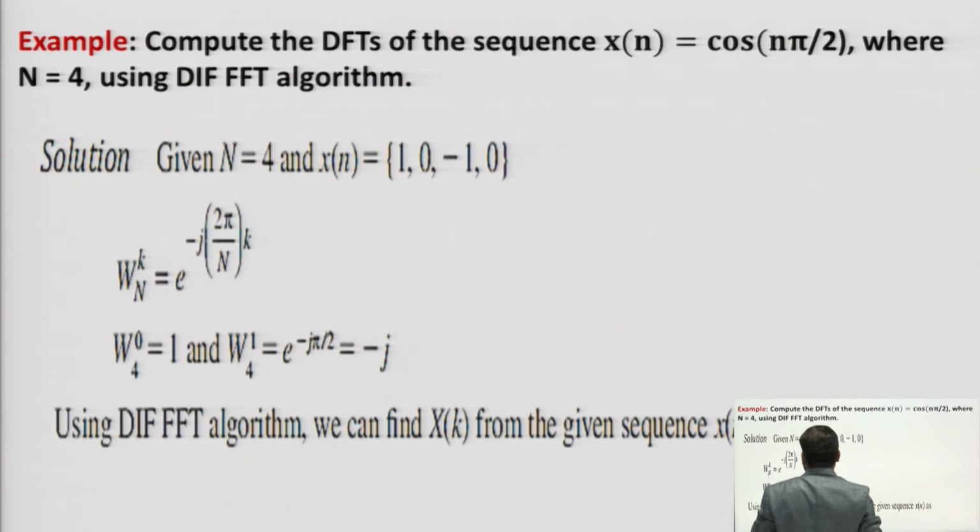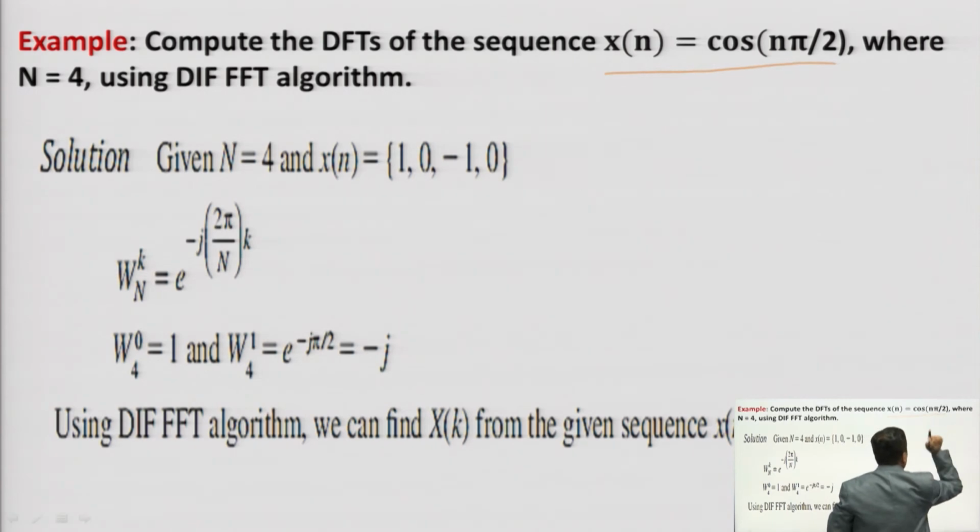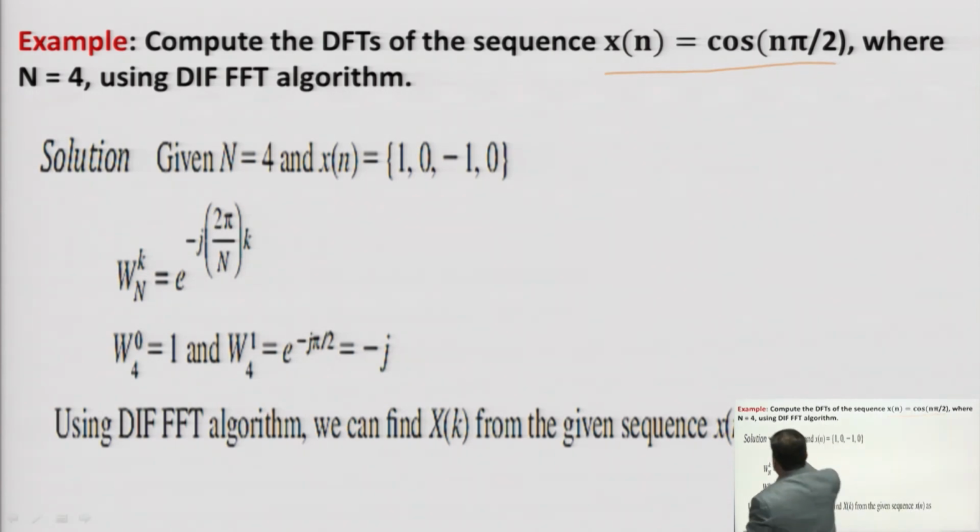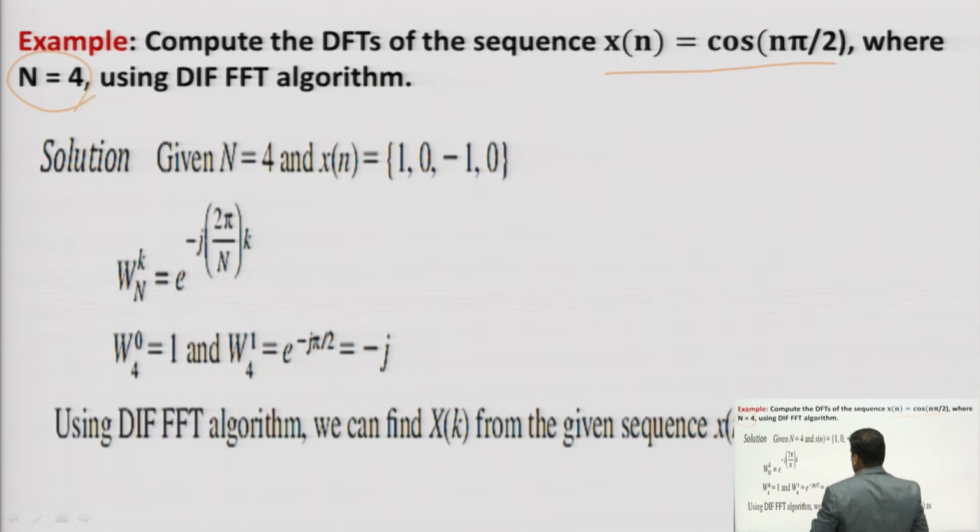Now, again we will see another question. Compute the DFT of the sequence x(n) is equal to cos(n pi by 2), where N is equal to 4. So, here the question is different. Your length of sequence is 4 here, and x(n) is equal to cos(n pi by 2). At first you have to calculate x(n) like in the previous question.